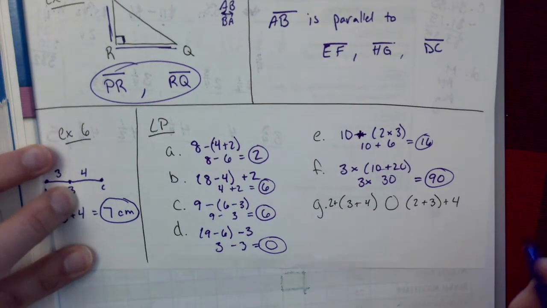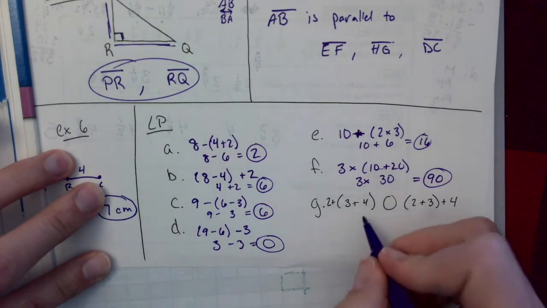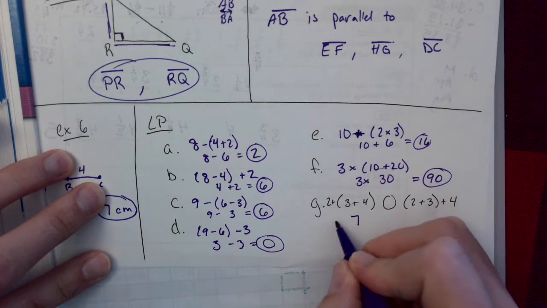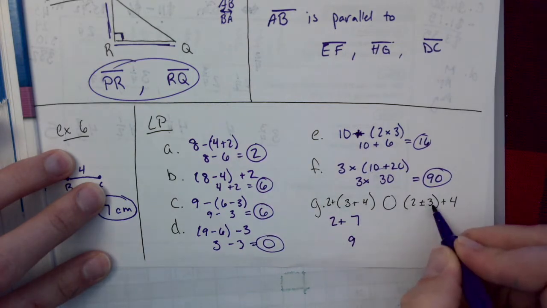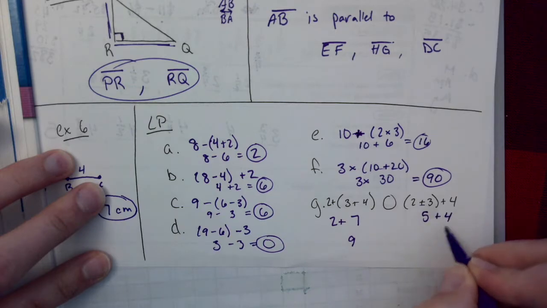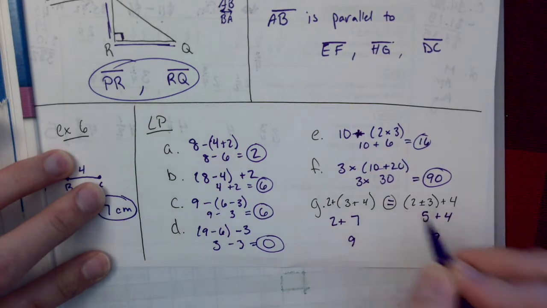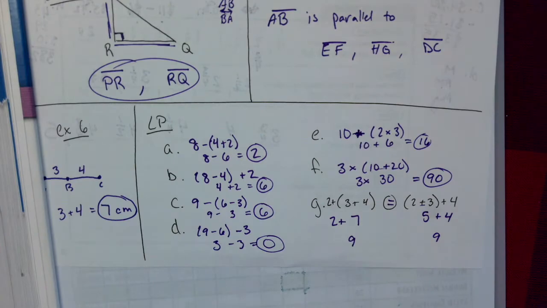And finally, let's compare G. First do the parentheses. 3 plus 4 is 7. 2 plus 7 equals 9. 2 plus 3 is 5. Plus 4 equals 9. So those are equal. Go ahead and tuck this in your Thursday folder. And let's get after some of our problems together.